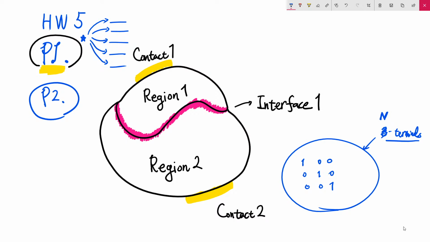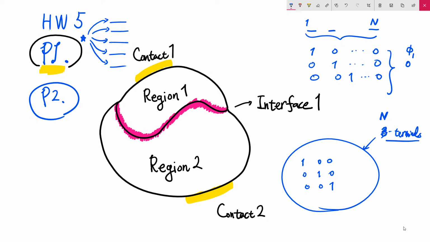Arbitrary number n means that we can have first contact to nth contact, and what you have to do is just 1 0 0 0 0 0 1 0 0 0 0 0 1 0 0 0. So please label them as phi 1, phi 2, and up to phi n.